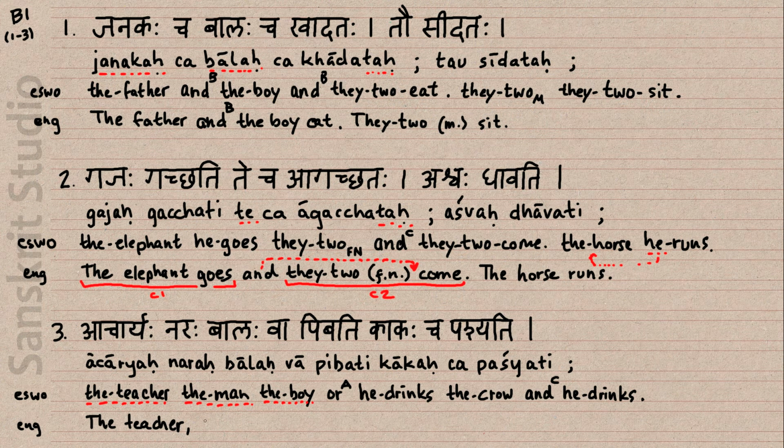The teacher, the man. So we group them with commas, and then we have one or, sorry, not and, or the boy.